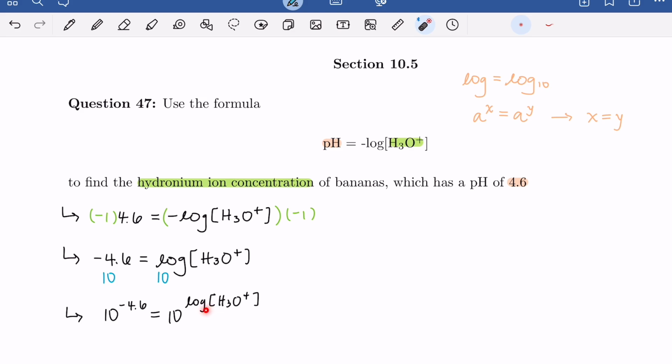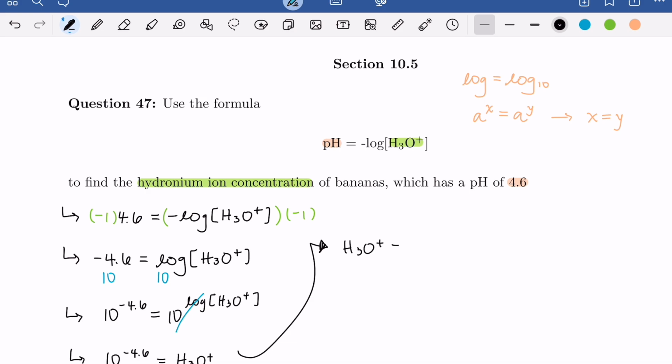Now, since this is the same thing as log base 10, we know that these are actually going to undo each other. So we're going to be left with 10 to the negative 4.6 is going to give us this hydronium ion concentration. Now what we can do is plug this directly into a calculator here, and we're going to get that this hydronium ion concentration is equal to this here.